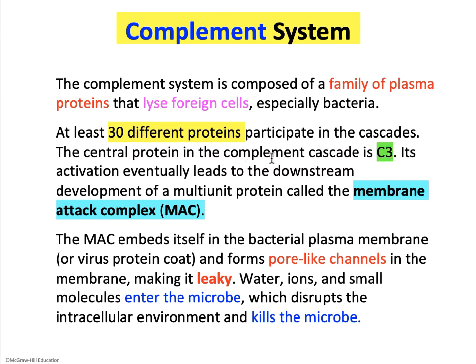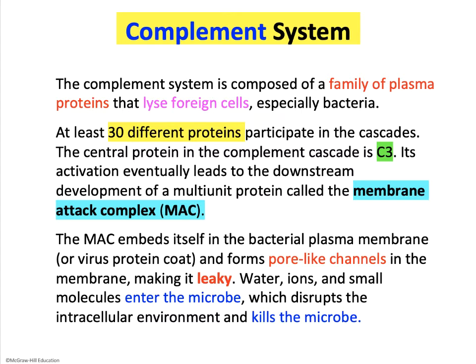Once the complement cascade, as it's known, is initiated, it can lead to a number of different outcomes. The most common is the development on the surface of the bacteria of a multi-unit protein complex known as the membrane attack complex, MAC.